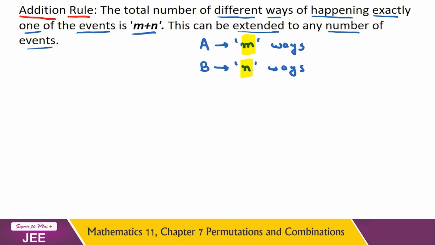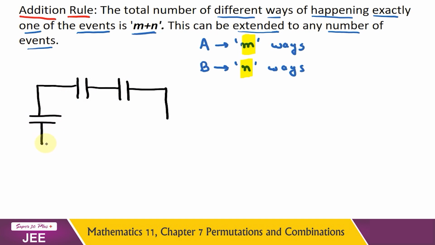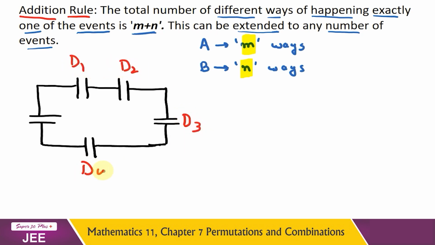Let me illustrate the addition rule with the help of a suitable example so that we can understand the addition rule in detail. Suppose that I have a room, and in this room there are different doors. Alright, this is door number 1, this is door number 2, door number 3, door number 4 and door number 5.